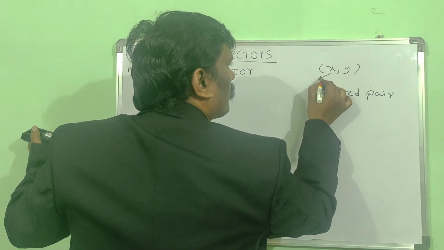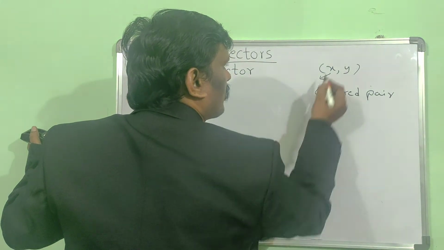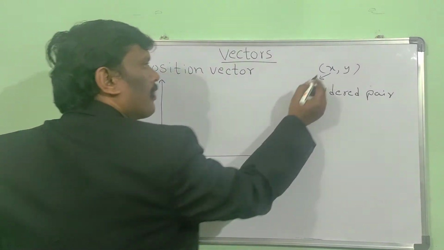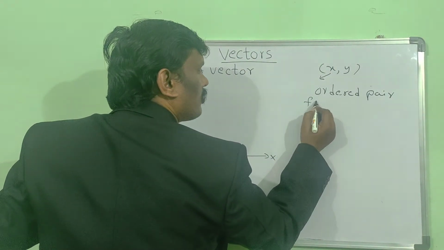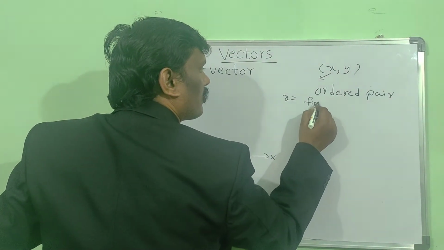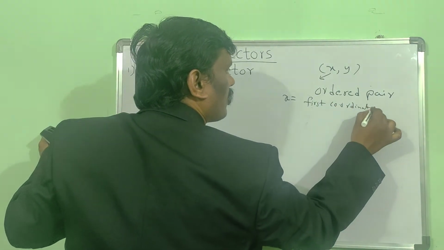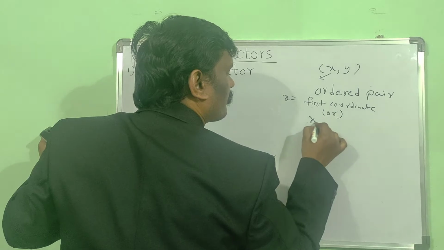Here, x is called the x coordinate, the first coordinate.